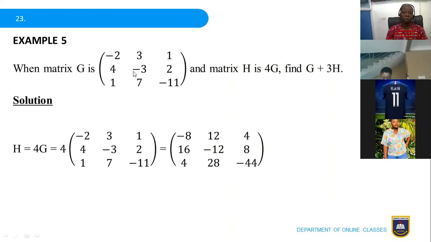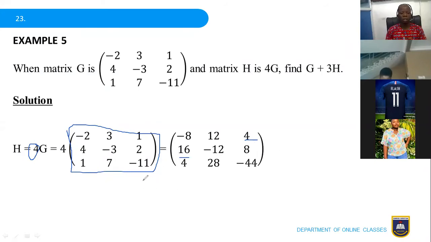So this is the 4 multiplying the whole of matrix G. If you multiply 4 by -2, it gives you -8. 4 by 3 is 12. 4 by 1 will also give you 4. 4 by 4 will give you the 16 here. 4 by -3, -12. 4 by 2, you get 8.